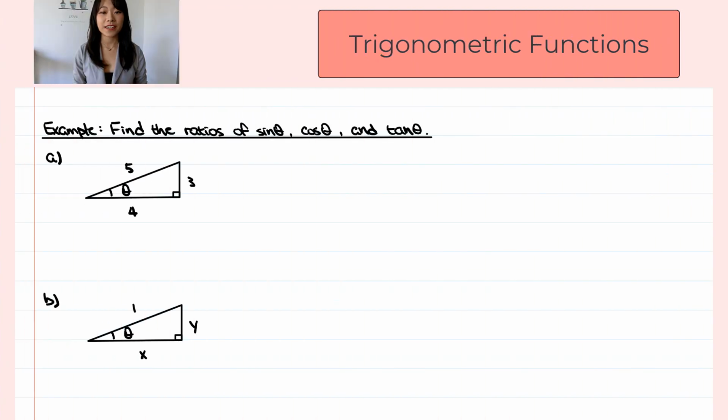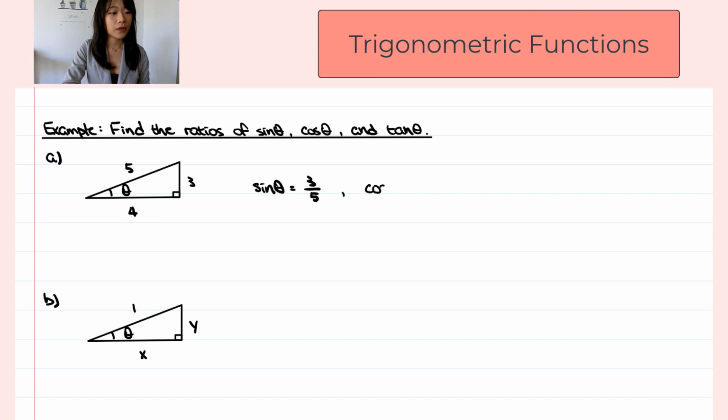Let's look at these 2 examples. So I have 2 right triangles and the sides are given. We want to write out the ratios of sine, cosine, and tangent theta. The first one, the opposite side has length 3. Adjacent is 4. And hypotenuse is 5. So, sine theta, which is opposite divided by hypotenuse, it would be 3 over 5.